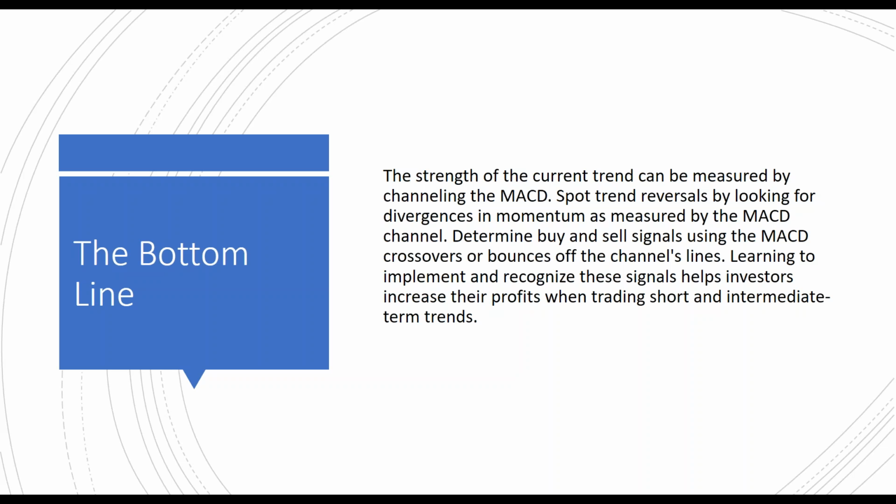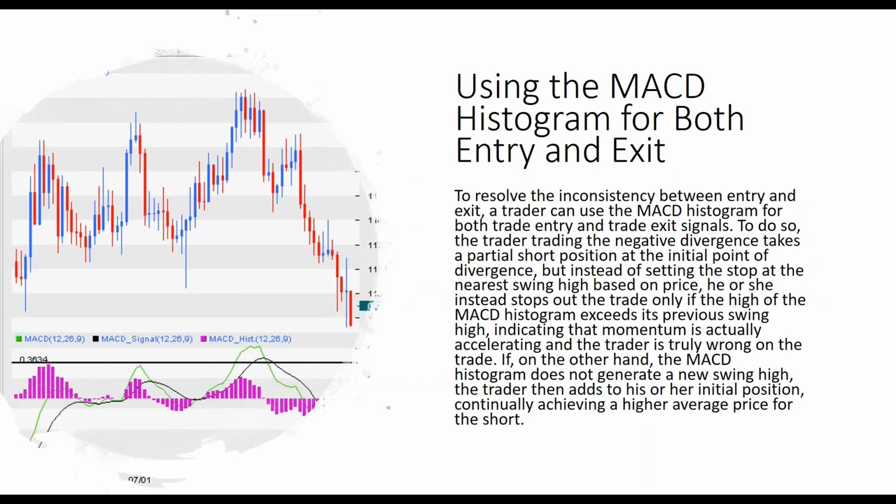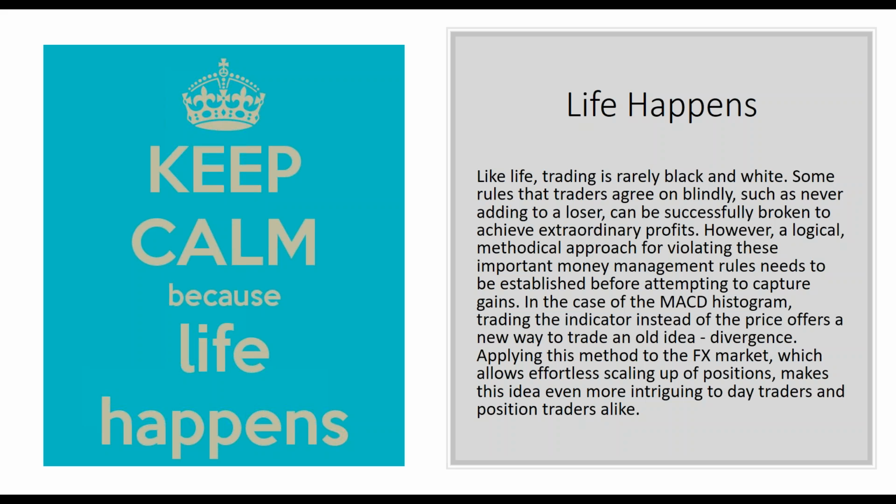So overall, MACD is very reliable at indicating a trend reversal or the end of a trend movement. The rest of it you have to take with a grain of salt. But you can use the MACD histogram to give you both entry and exit points. But again, you have to learn how to use them.